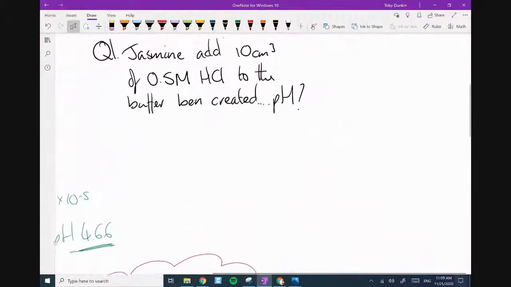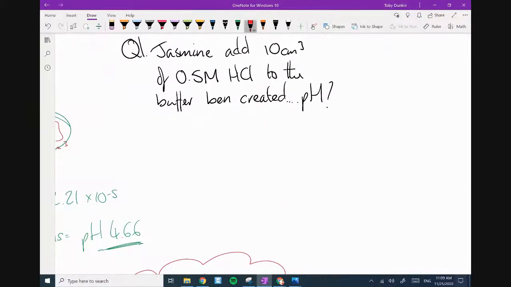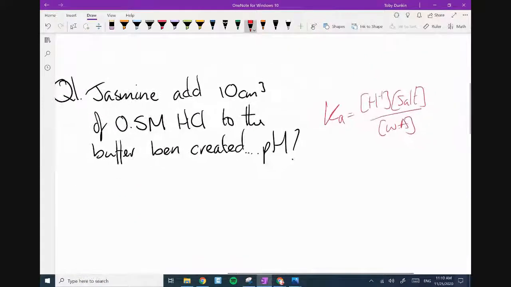If I got given this question, the first thing I will do is draw a roadmap. Ka equals H plus times salt, the conjugate base, over weak acid. Now I'm going to say, what did Jasmine add? Jasmine added an acid.